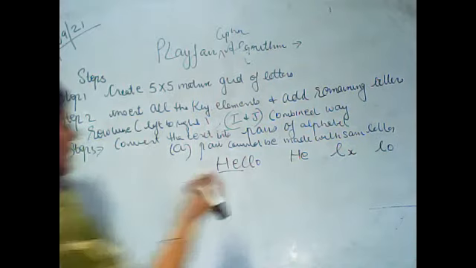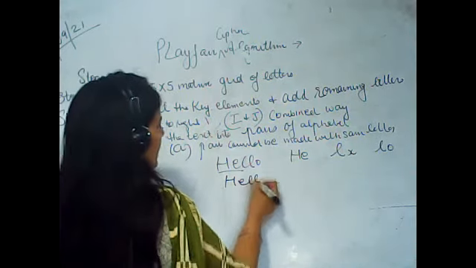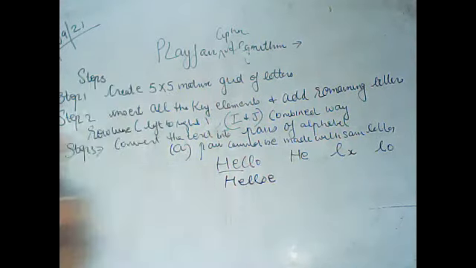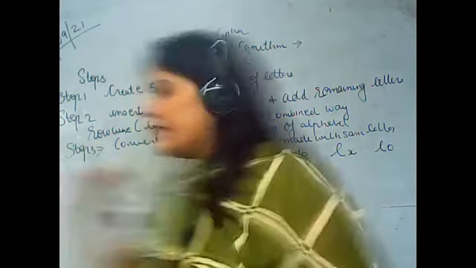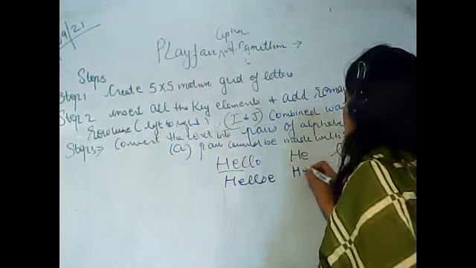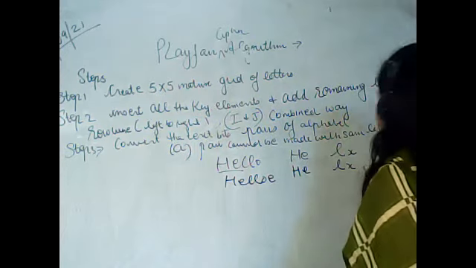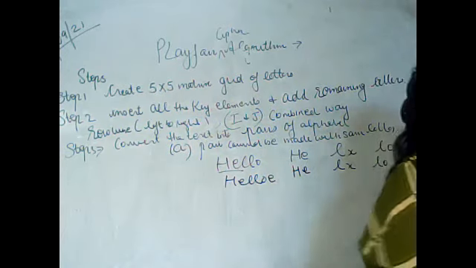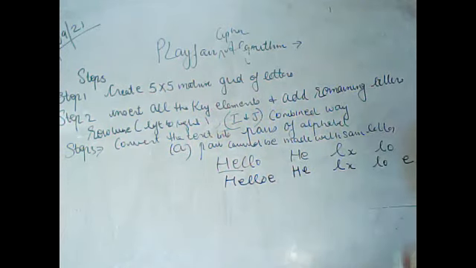Next, if we are having another word like this, HELLOE, how do we do the pairing here? H, E, L, X, L, O, and the last letter will remain the single one only. Right? So this is the first rule.